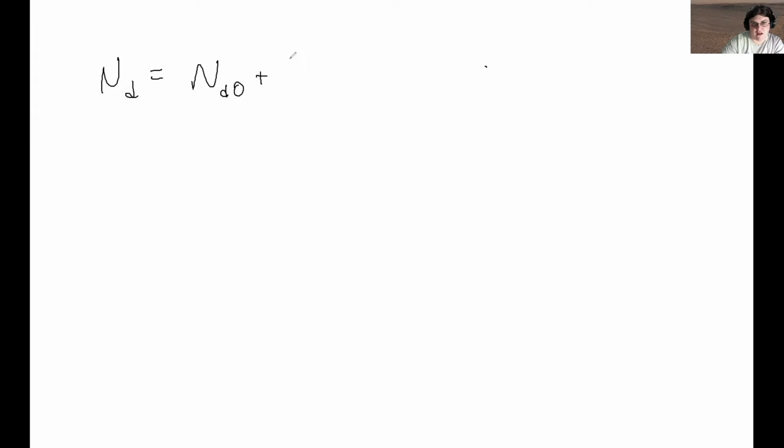So that'll be number of parent at time 0 minus number of parent now. And we had that expression for the number of parent isotope. So we could figure out what this is in terms of this.